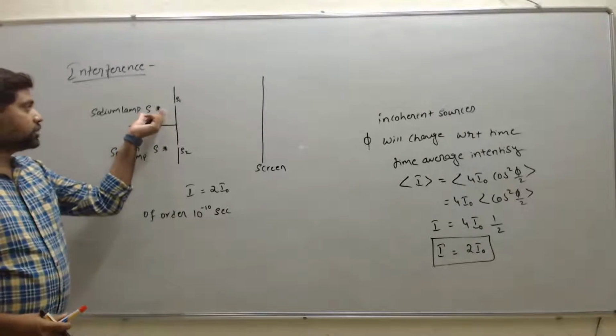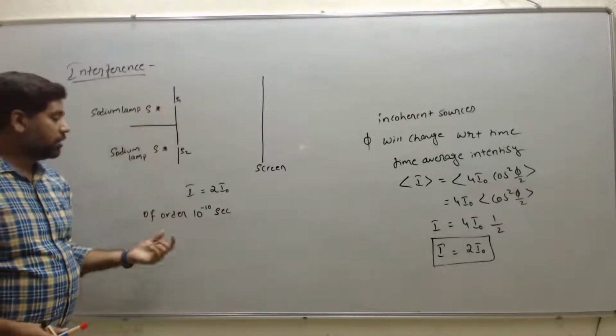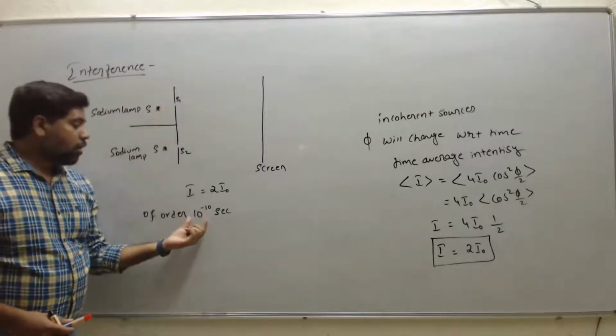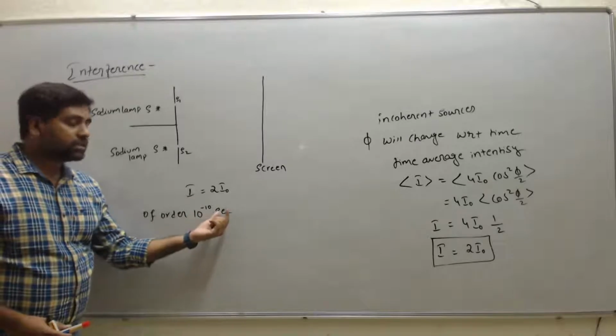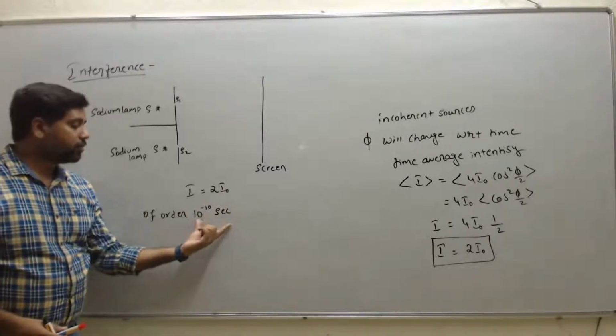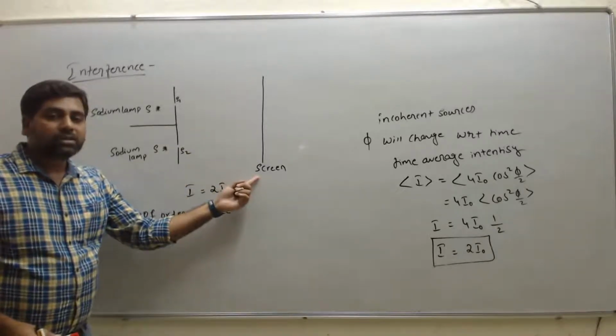So the sources which are vibrating change their phase on the order of 10 to the power of minus 10 seconds. Due to changes in phase in this time, we are not getting any pattern on the screen.